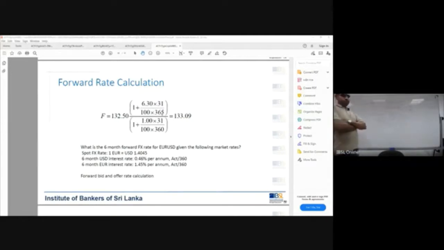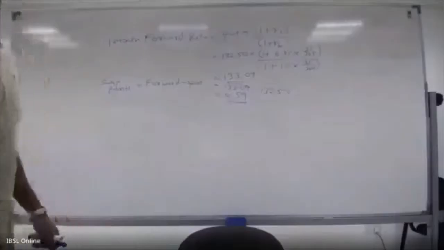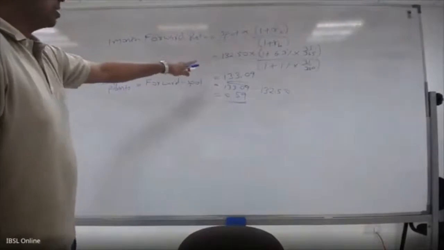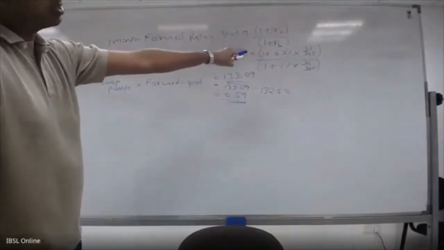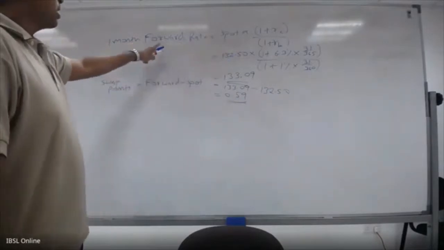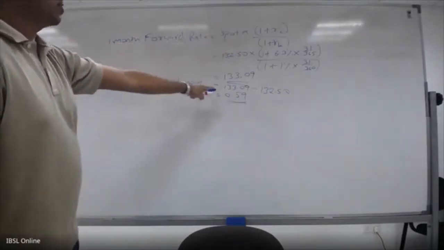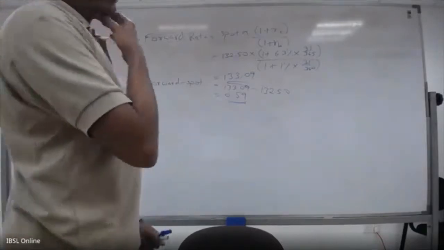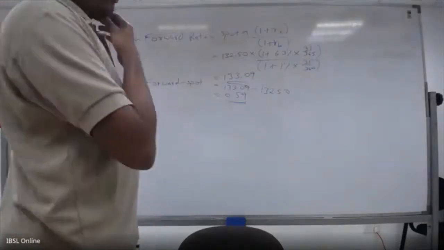Okay, before we get to the calculation, few more things I wanted to mention. Now, out of these two currencies, the rupee has the high interest rate, 6.3 is higher than 1%. And if you look at the exchange rate, spot rate 132.50, forward rate 133.09, that means exchange rate has gone up, and dollar is the base currency.